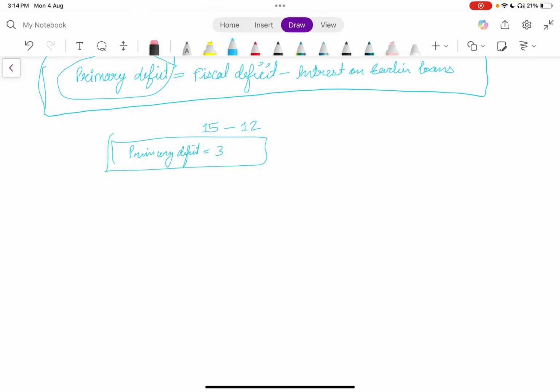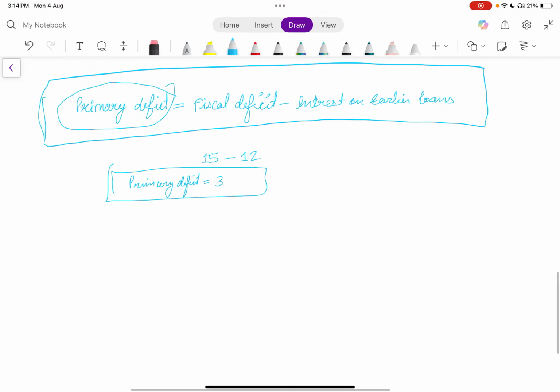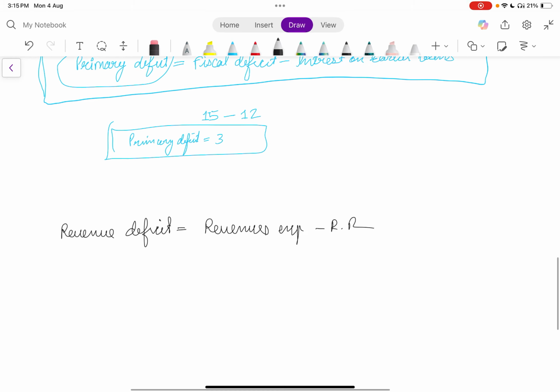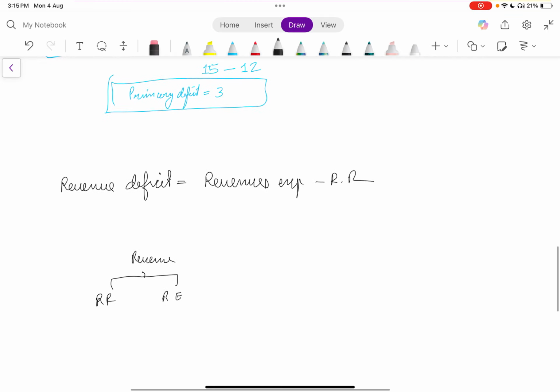Now, what is revenue deficit? Revenue deficit is very simple. It is the revenue expenditure minus revenue receipts. If we see the revenue side of the budget, we have revenue receipts and revenue expenditure.